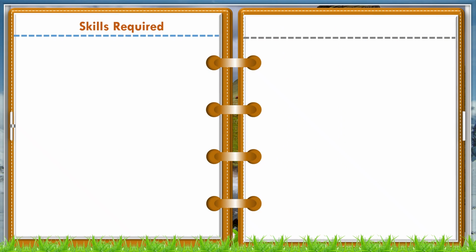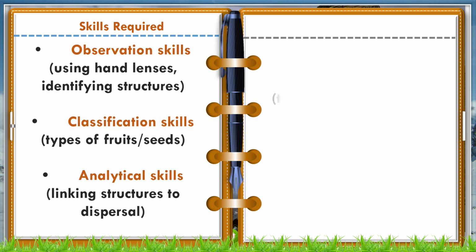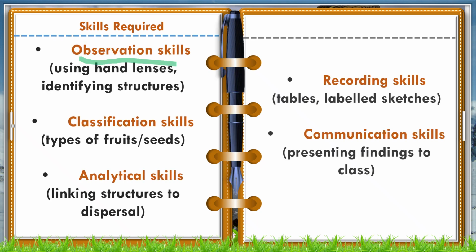Skills required. Observation skills, using hand lenses, identifying structures. Another skill required is classification skill, the types of fruits and seeds.